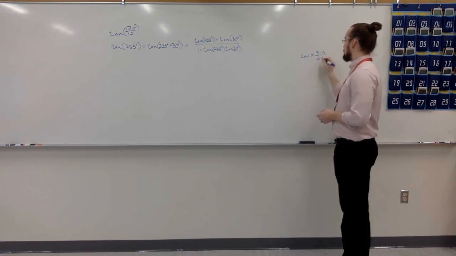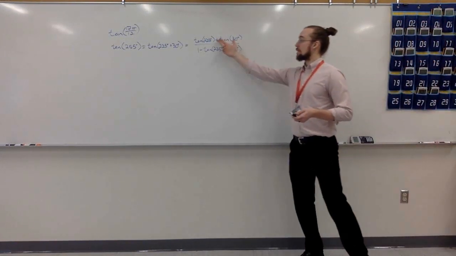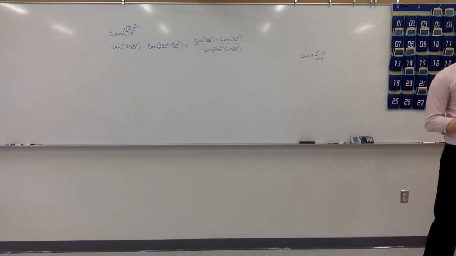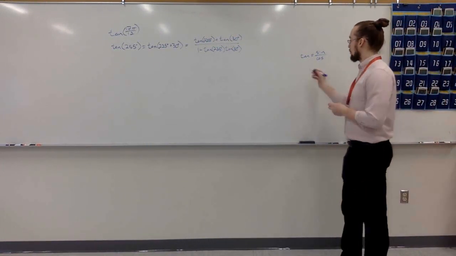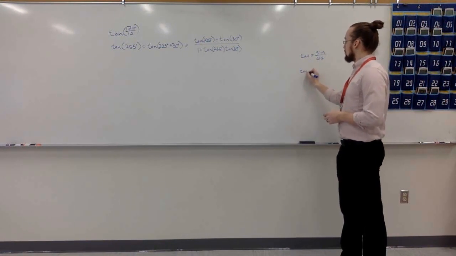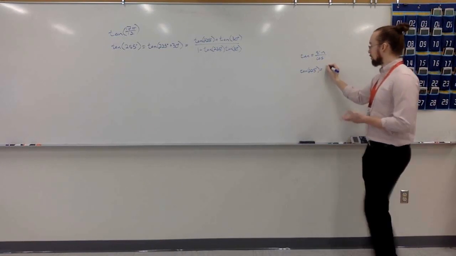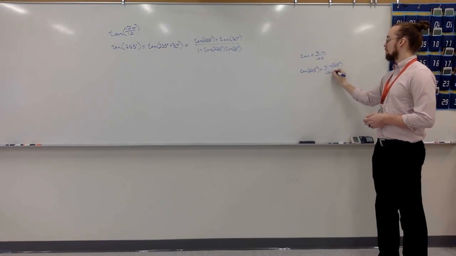So we can use that idea to calculate each of these exact values. We just need tangent of 225 and tangent of 30. So tangent of 225 is going to be equal to sine of 225 over cosine of 225.